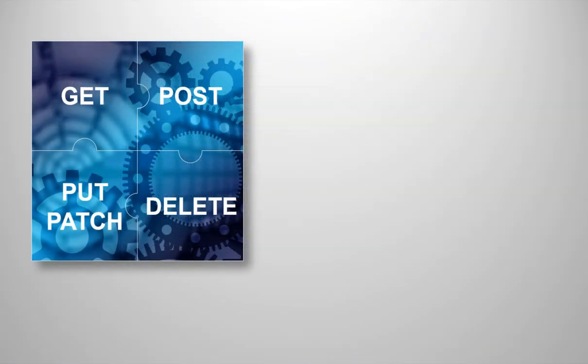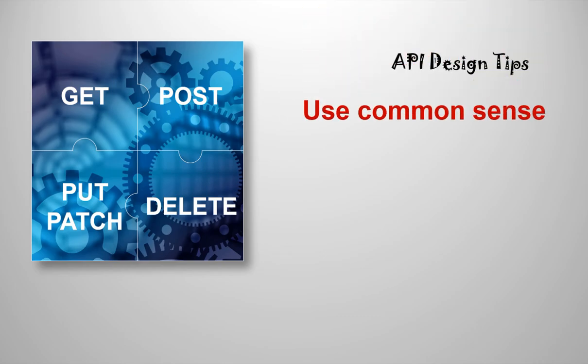Before we conclude this video, let me share a few tips on how to design RESTful APIs based on my experience. Use common sense. Sometimes it could be difficult to decide which status code an API should return for a particular case, and you might have multiple codes to choose from. Use common sense and think from the service client perspective to see if your choice of status code makes sense.